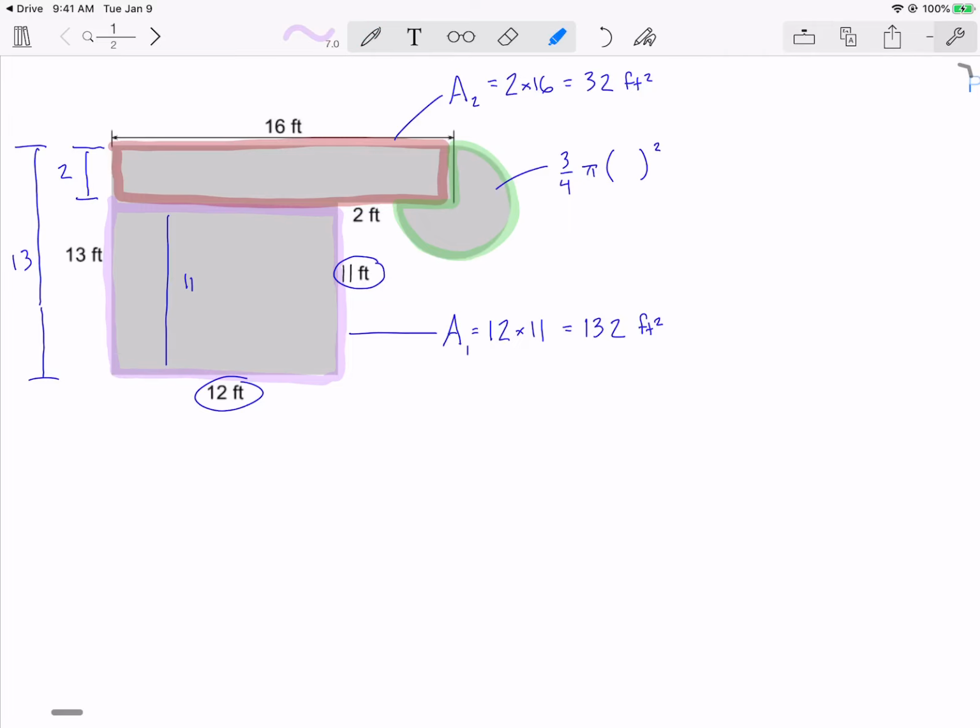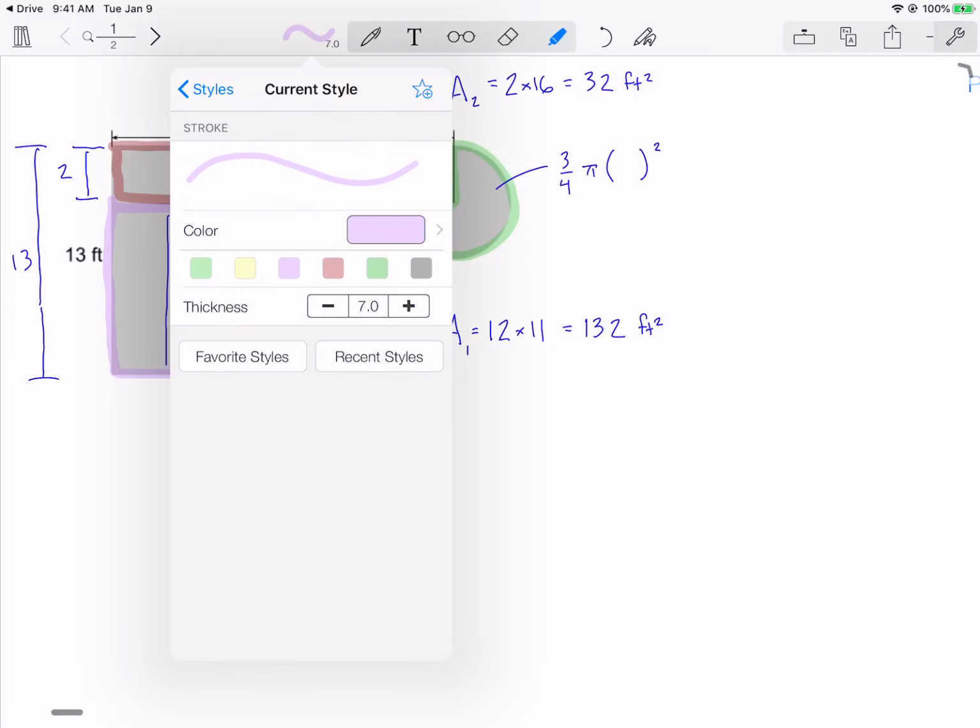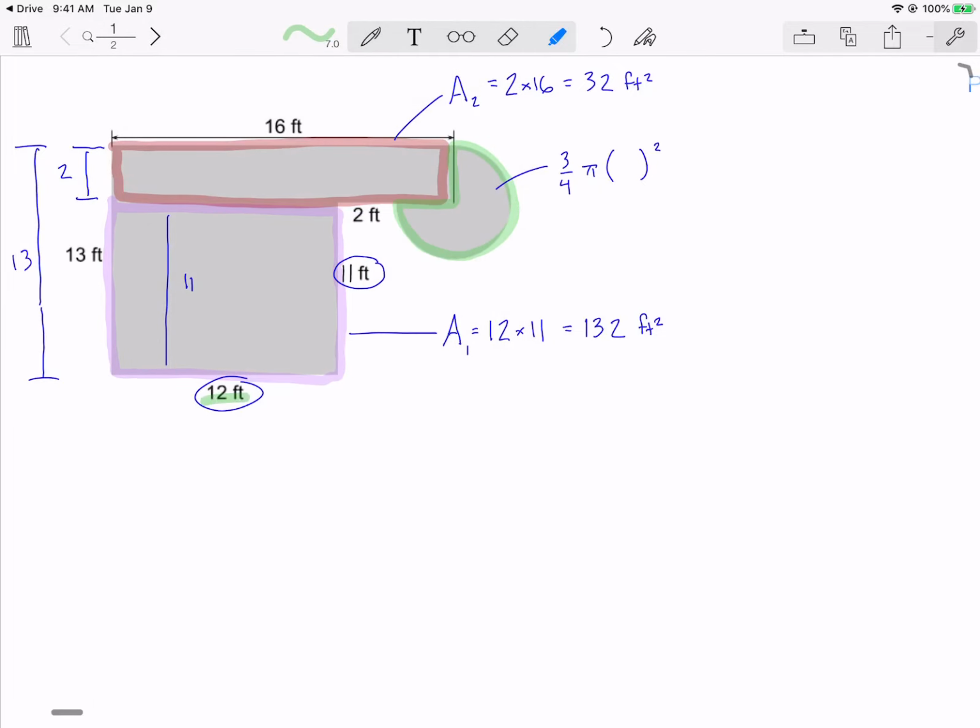And then I notice, let's change this to green, that I've got this 12 and this 2. So 12 and 2 add up to 14. So that means from here all the way to here is 14, which means this little bitty piece right here is 2. And that's going to be my radius.